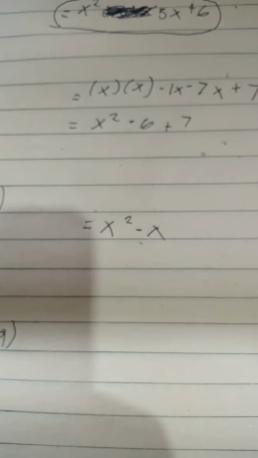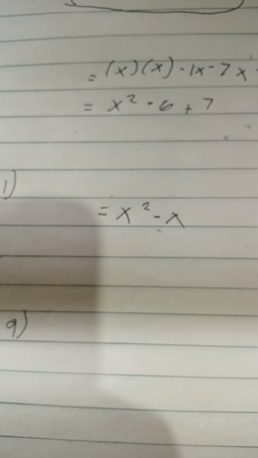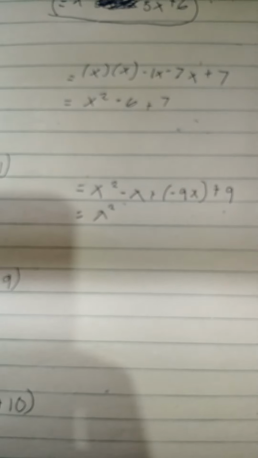Negative 9 times x equals negative 9x, and the last is negative 9 times negative 1, which is positive 9. Bring down x squared and add negative x and negative 9x.